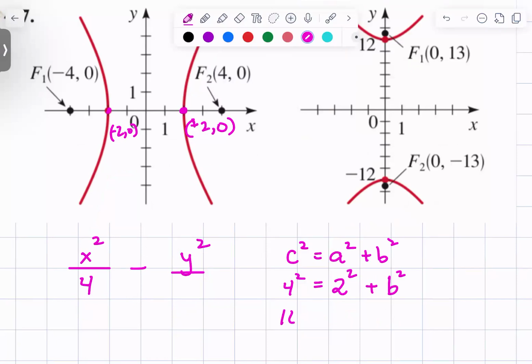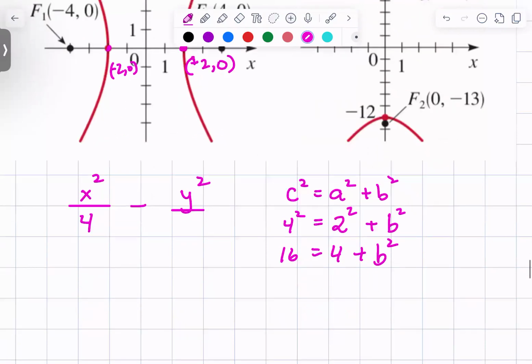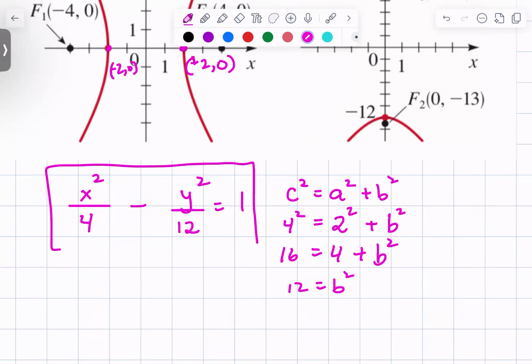So that's 16 equals 4 plus b squared. Subtract 4 on both sides. That's 12 equals b squared then. And I don't care what b is. All I care about is what b squared is. And that's my answer. Make sense? Yeah.